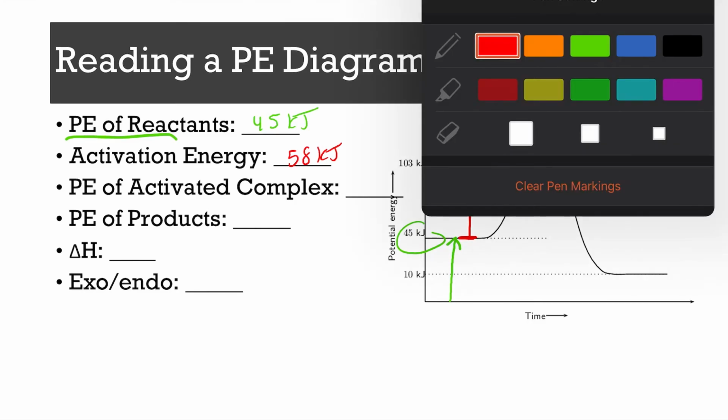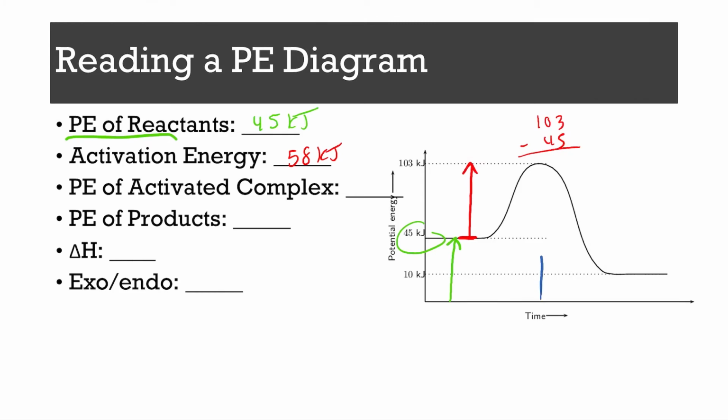Okay, our PE of the activated complex is the bottom all the way to the very top, and that is 103 kilojoules. If we look at our PE of our products, again, that's from the bottom to where the products are, and that's that orange line. And if we look, that's 10 kilojoules.